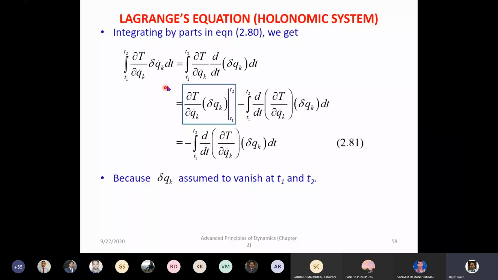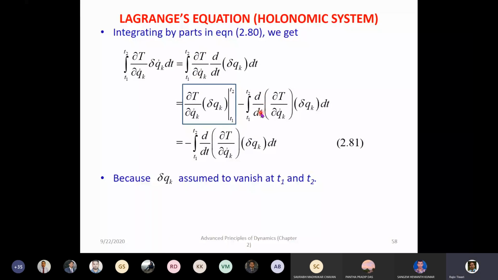So this is the same expression as the previous one. Now I'm doing the integration by part. So this is the first part as it is. Then the integration of the second part, this derivative will go. So only variation of the displacement will be left out, and T1 to T2 is the limits, minus integration T1 to T2 derivative of the first term.